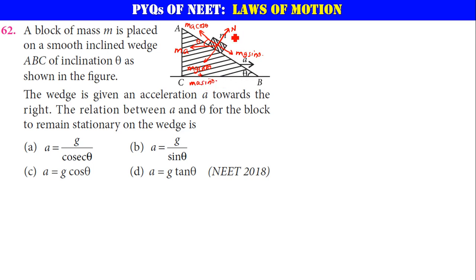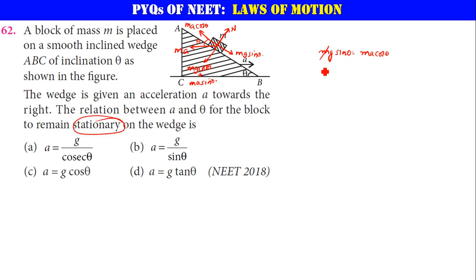N and these two terms will be balancing each other, and mg sin theta and ma cos theta will be balancing each other. If this ma cos theta is not there, definitely this block will fall down because of mg sin theta. So ma cos theta resists the block from falling down. That's why both of them should balance each other so that the block remains stationary.